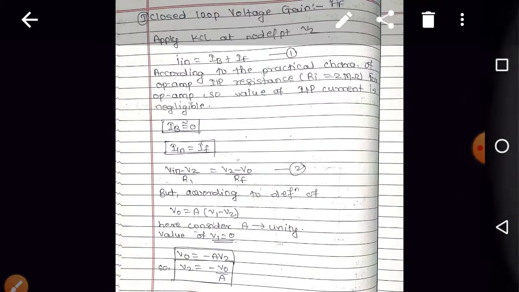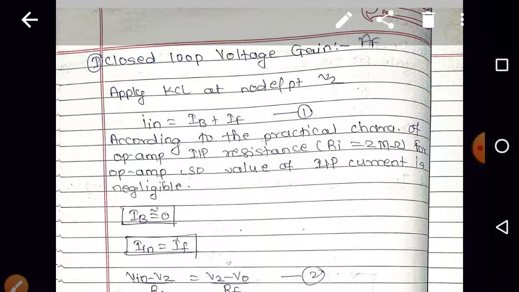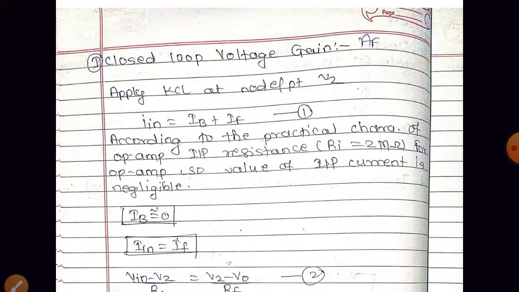Now first, we have to calculate the closed loop voltage gain. Now see in the diagram, apply the KCL, Kirchhoff's current law, at node point V2.